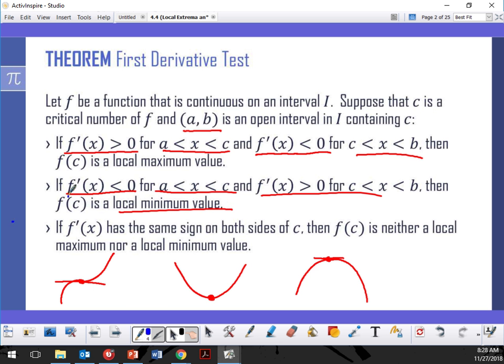Let's look right here. The derivative has to be less than 0 on the left side, and the derivative has to be greater than 0 on the right side. Does that make sense? My slope is negative, and then it's positive. If it changes from negative to positive, that makes it a local minimum.